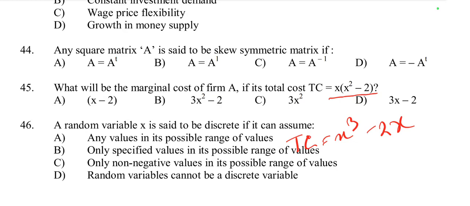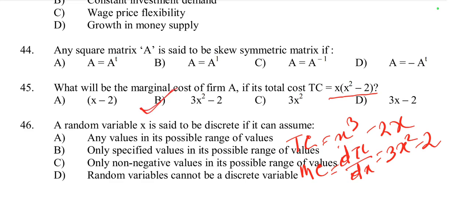So total cost TC is equal to x cube minus 2x. From total cost, when we find marginal cost, it is del TC by del x. So the derivative of x cube minus 2x is 3x square minus 2. So MC is equal to 3x square minus 2. So option B is right, 3x square minus 2.